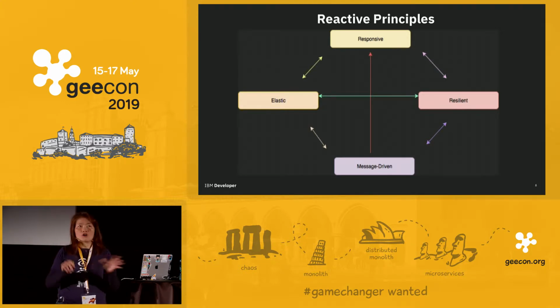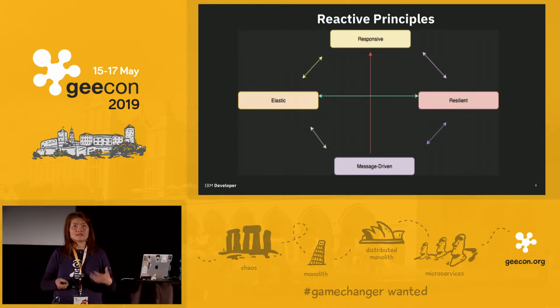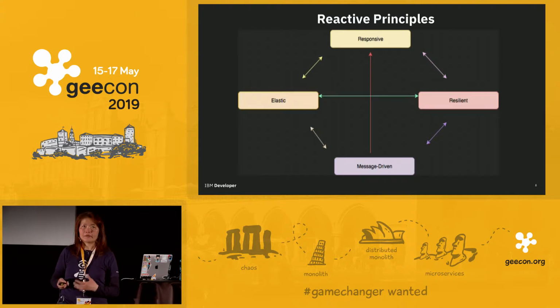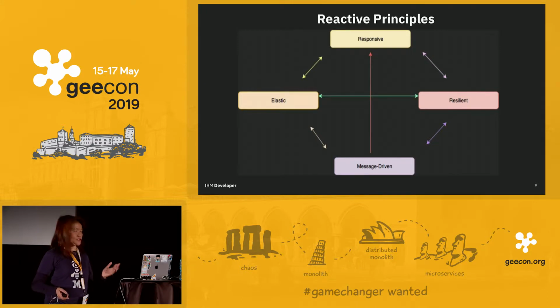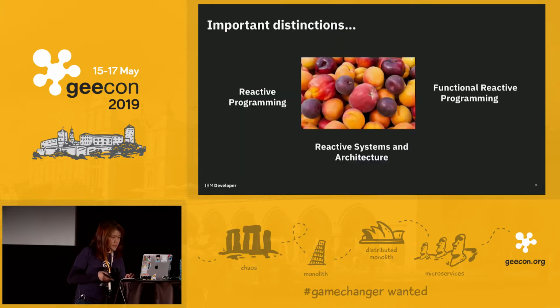They are all separated, so there has to be a way to connect them together, and that's done by the messaging capability in the system. So that's message-driven. I'll go into the next slide to talk a bit more about message-driven versus event-driven as well.